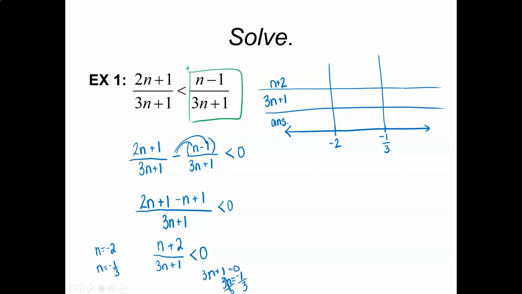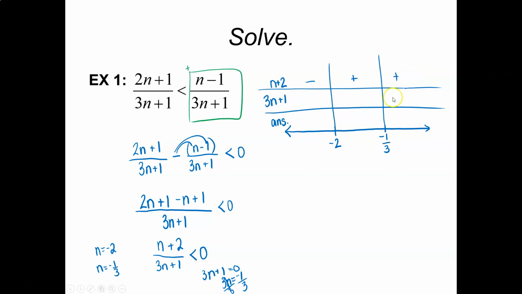All right, Carly, if we look at that first line, if I pick a number less than negative 2 and plug it in, will I get a positive or a negative here? Good. What about a number between negative 2 and negative 1/3? Get a positive there. And what about a number bigger than negative 1/3? Positive here. Wonderful.